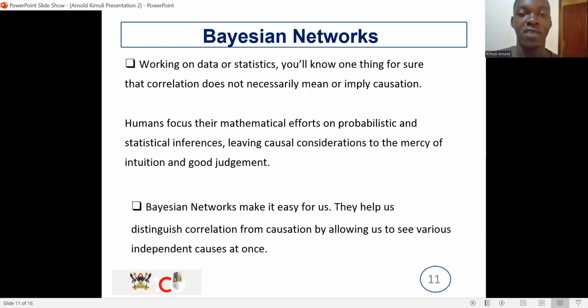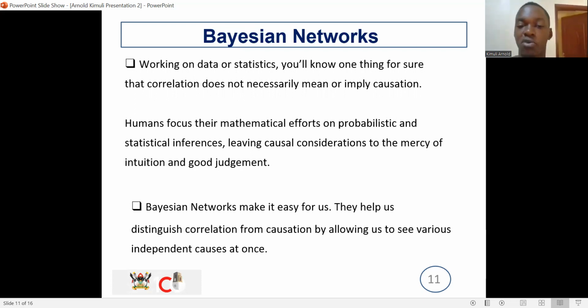Bayesian networks. Working on data or statistics, you will know one thing for sure, that correlation does not necessarily imply causation. Humans focus their mathematical efforts on probabilistic and statistical inferences, leaving causal considerations to the mercy of intuition and good judgment. Bayesian networks make it easy for us.